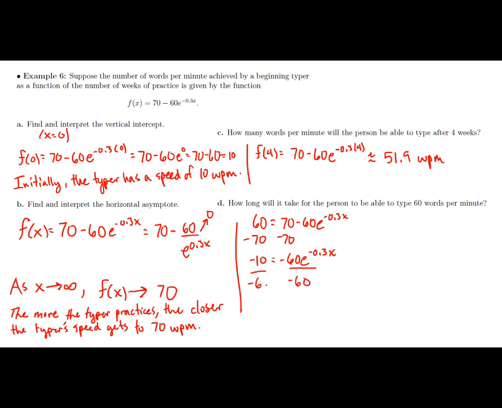And as we've done many times, isolate that exponential. So reducing negative 10 over negative 60 to 1/6 equals e to the negative 0.3x. And taking the natural log of both sides.